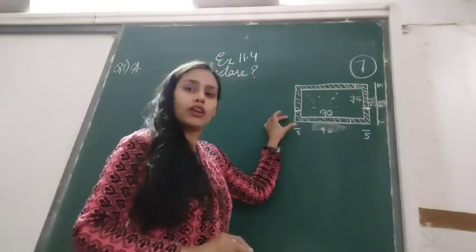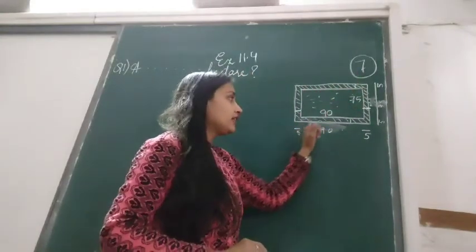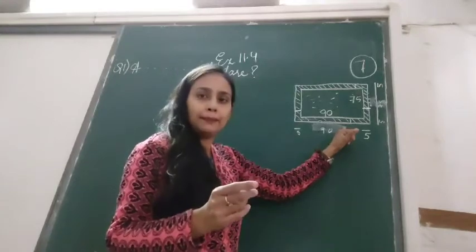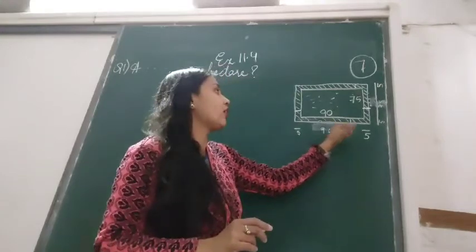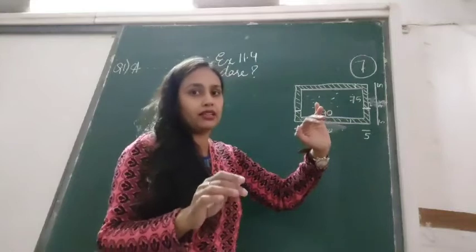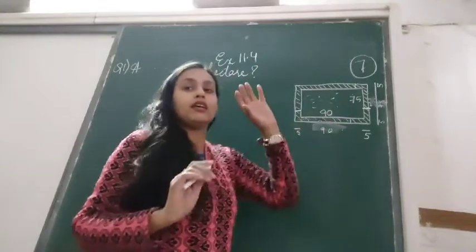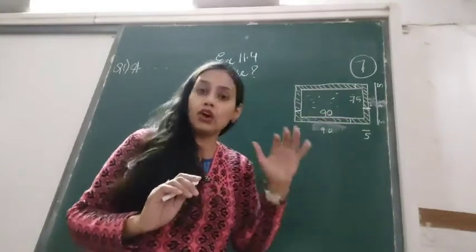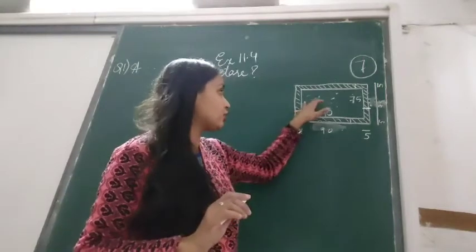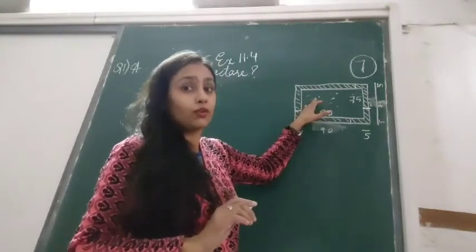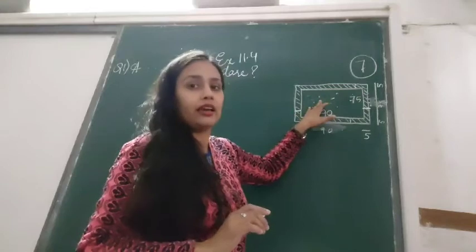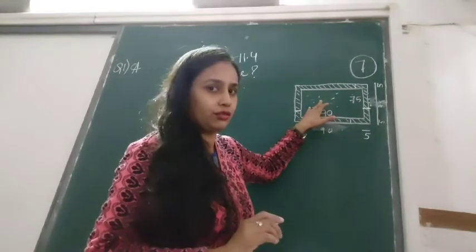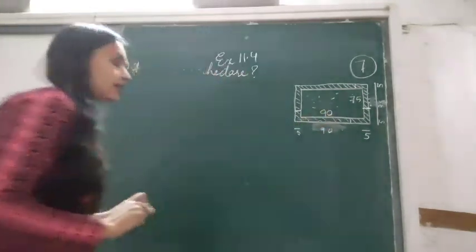Got it? So what we will do? We will find the area of the garden. Then we will find the area of the garden along with the path. And from the area of the garden along with the path, we are going to subtract the area of the garden. So let's start.